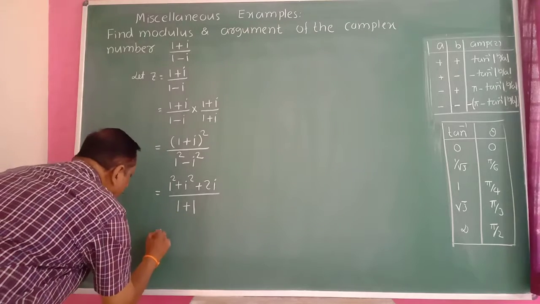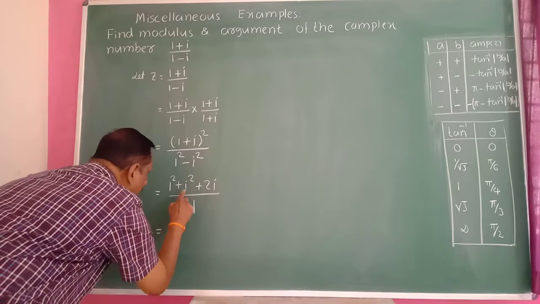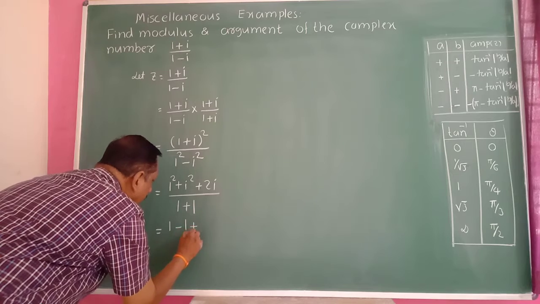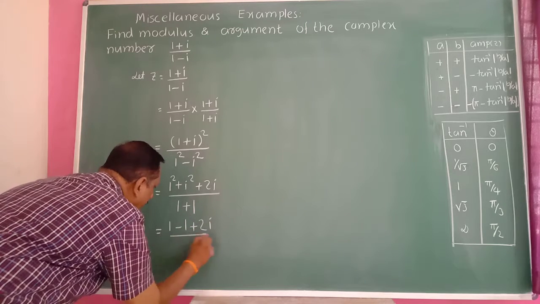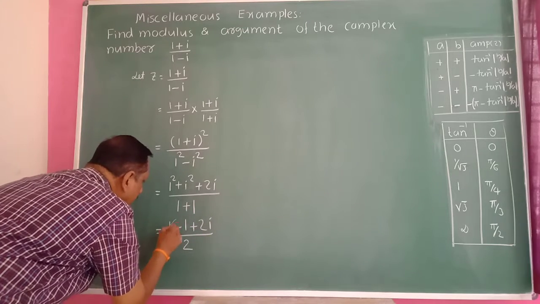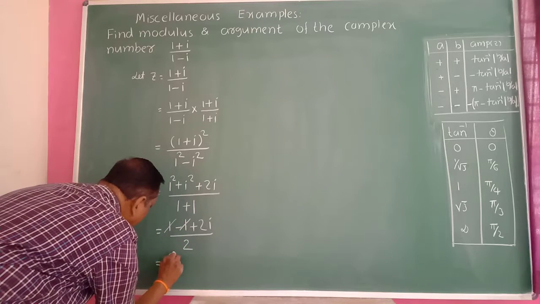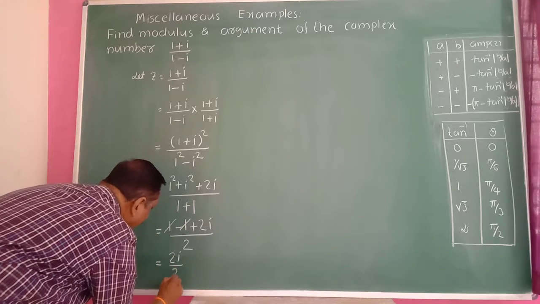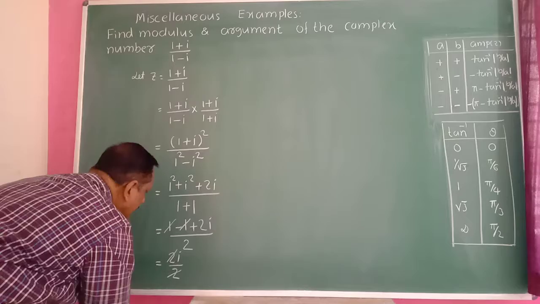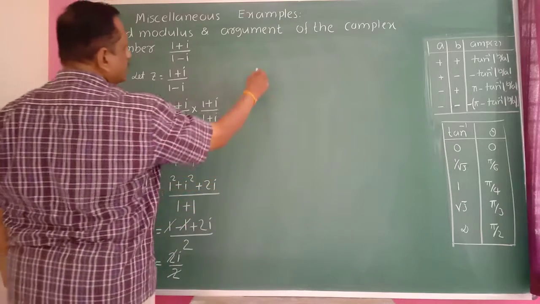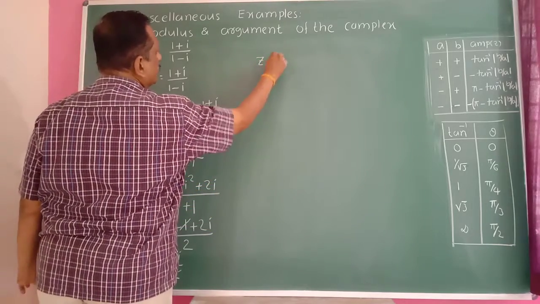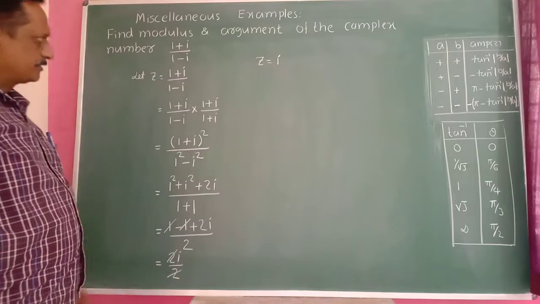Then this is equal to 1 square is 1, i square is minus 1, plus 2i divided by 2 here. 1 minus 1 cancels, therefore 2i divided by 2, this 2 cancels here. Hence z is equal to i.